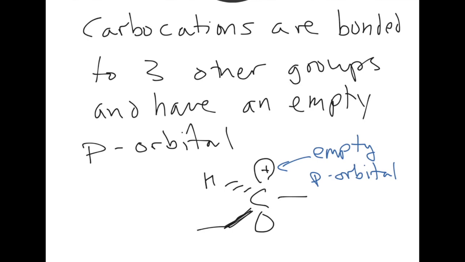Now you might remember I put the positive charge on the top lobe of the p orbital, but that whole orbital, both sides, is empty. That's just one orbital. So carbocations are flat, and this is important for determining stereochemistry of the reactions.